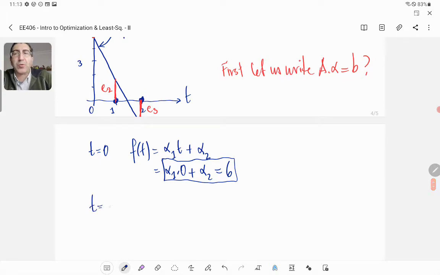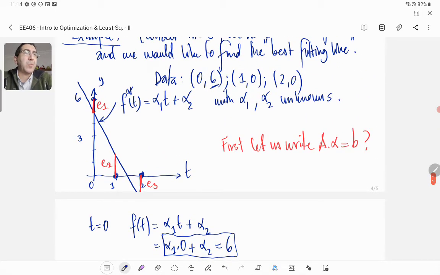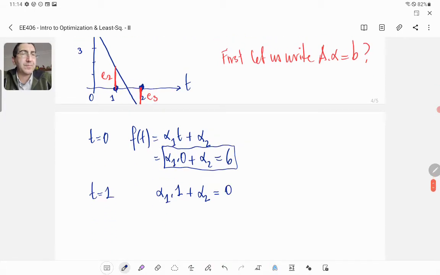At t equal to 1, remember these are equations that we cannot satisfy concurrently. Why? Because we have more equations than unknowns. So there is a conflict, right? So in this case, you have, again, alpha 1 times t, which is 1, plus alpha 2 is equal to, remember the data point, 0.